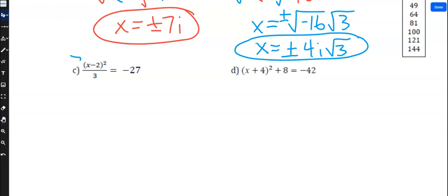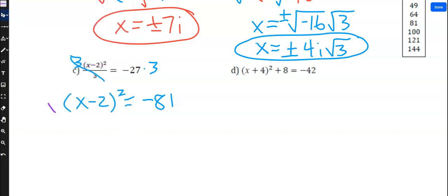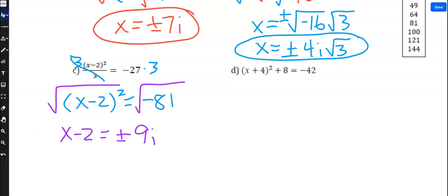If I multiply by 3 on both sides, I get x minus 2 quantity squared equals negative 81. If I take the square root of both sides to get rid of the square, I get x minus 2 equals plus and minus 9i.